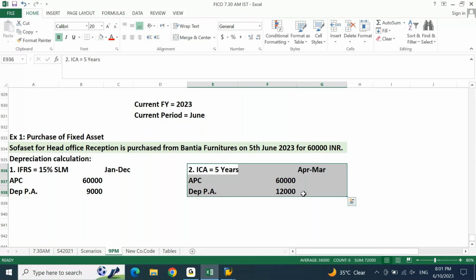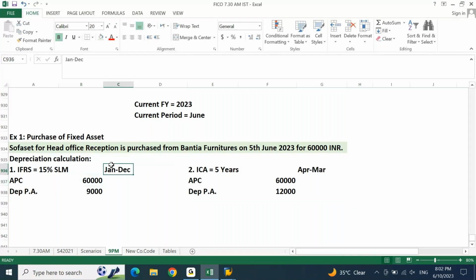No, sir. According to Indian Companies Act, we did not use the asset for full year. We are able to tell this because the month in which you purchased is not April. If you purchase the asset in the month of April, then we call it as the asset is used for full year.